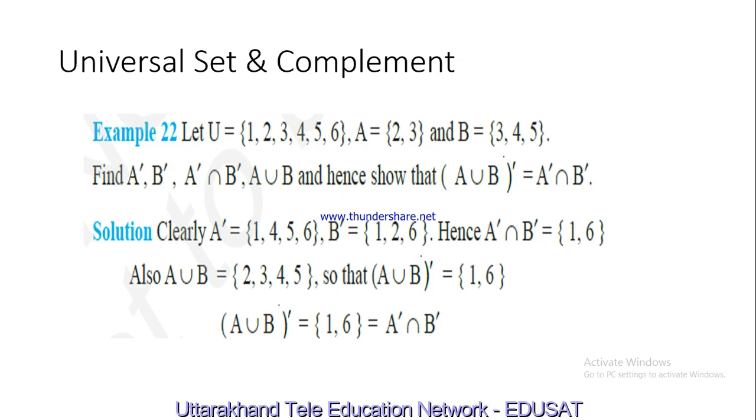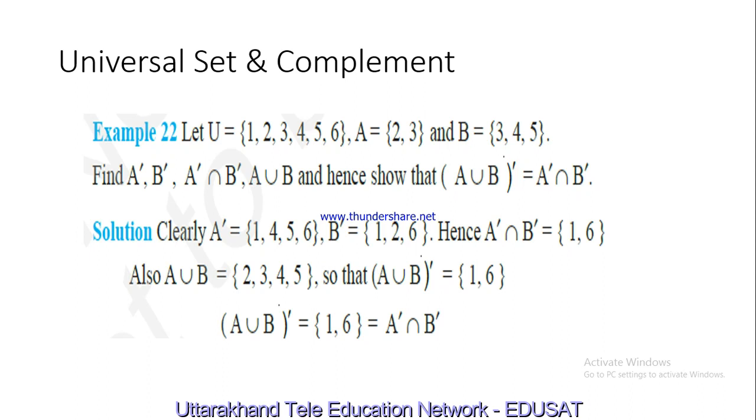A is equal to 2, 3 and B is equal to 3, 4, 5. So can you find out the complement of A? Find A dash, find B dash. So let us first try and find out the complement of A and B.